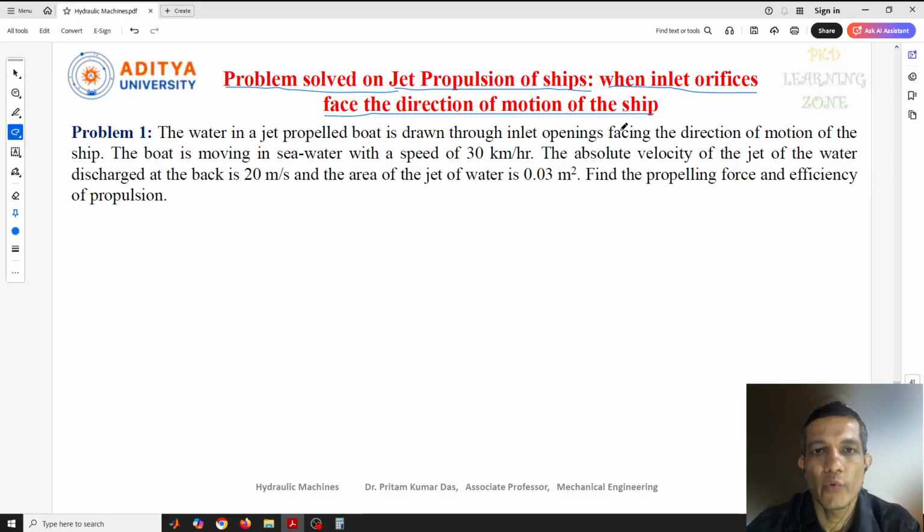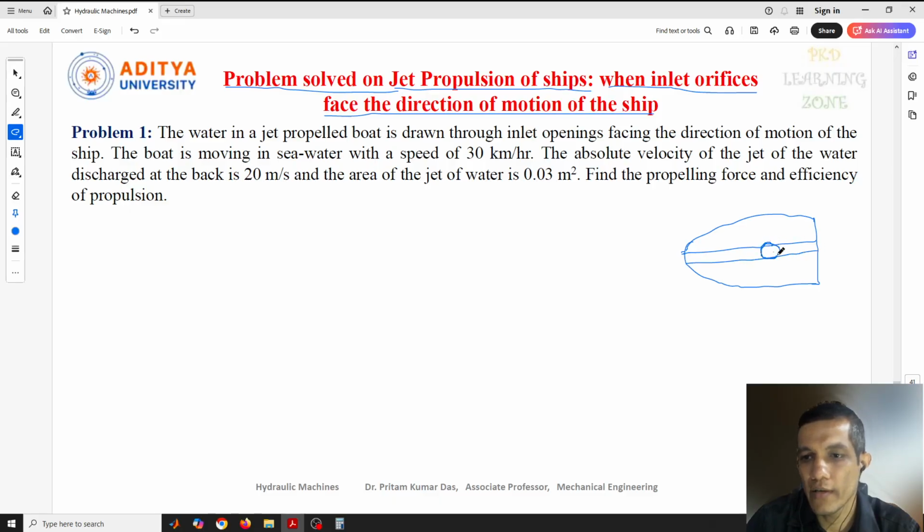That means the ship is moving in the same direction in which the inlet orifice is present. Let me remind you of this diagram. Suppose this is the ship in the sea, this is the end part and this is the starting part, and here is the line through which the water is moving.